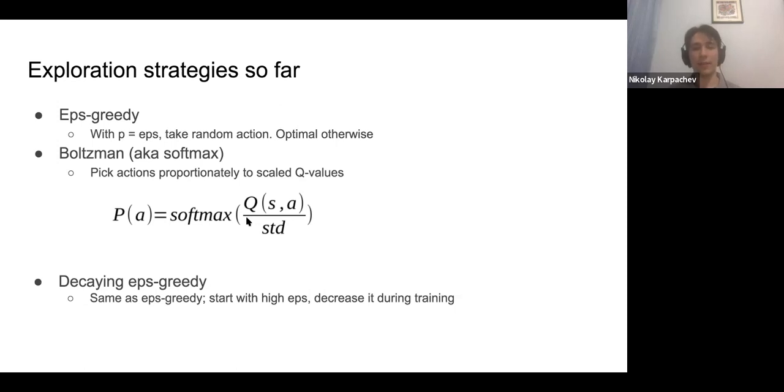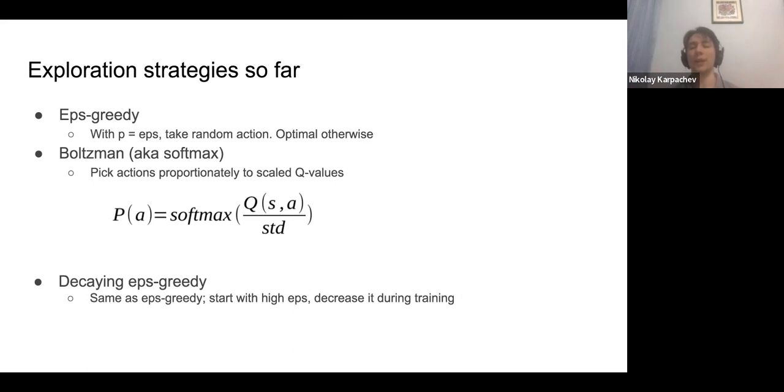Basically, at the current time, we always have some estimates for Q values. We have an estimate of Q of action 1, an estimate of Q of action 2, and for the rest of the actions as well. So we have these estimates of Qs, and the intuition is that we want to select actions with high Qs.